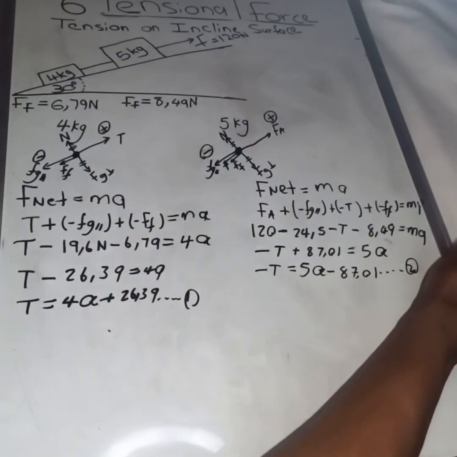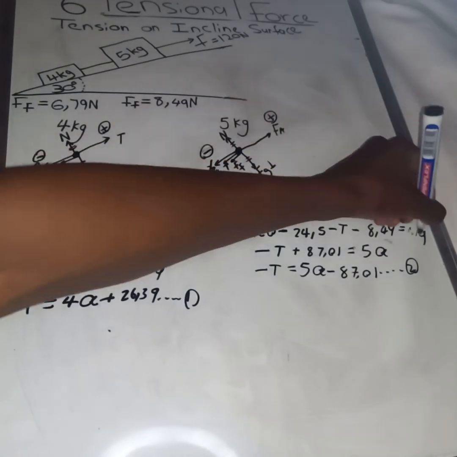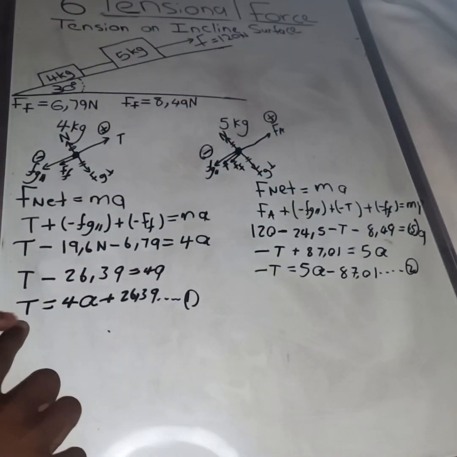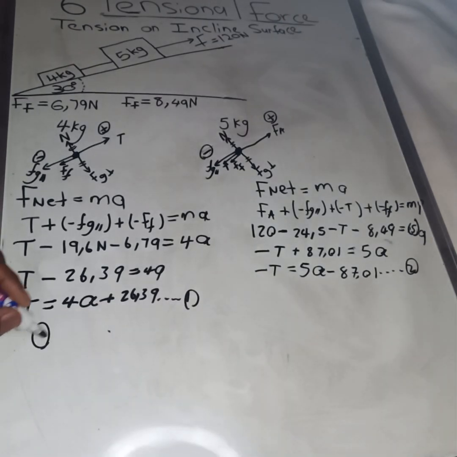So we can substitute 5 here. So T plus negative T, 0.